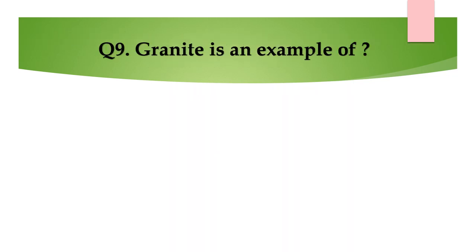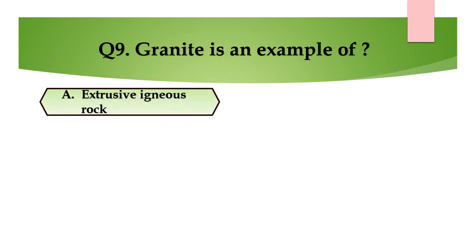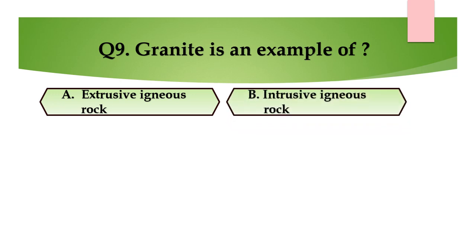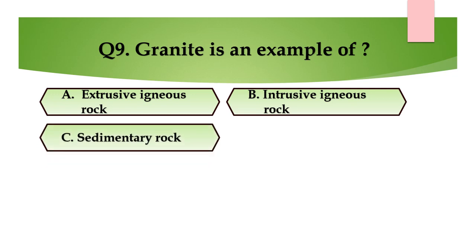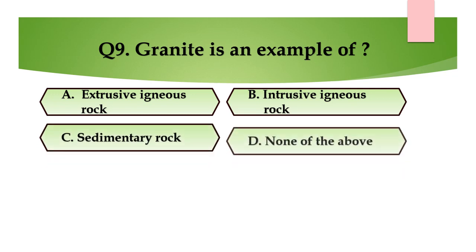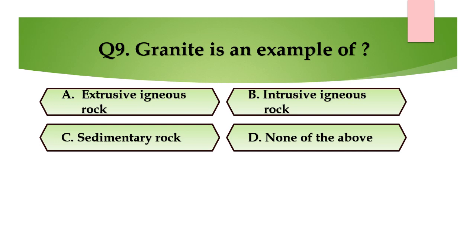Question number 9. Granite is an example of A. Extrusive igneous rock, B. Intrusive igneous rock, C. Sedimentary rock, or D. None of the above.